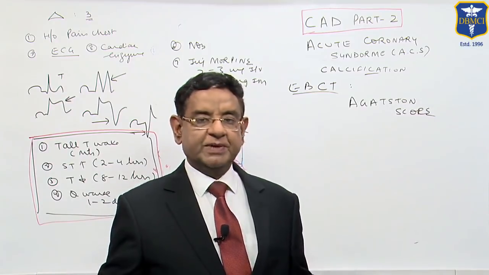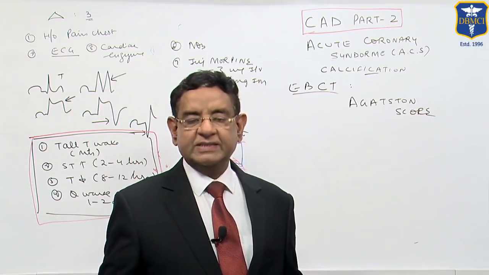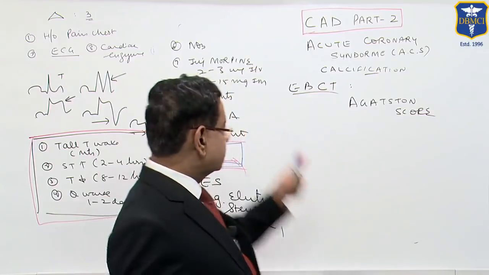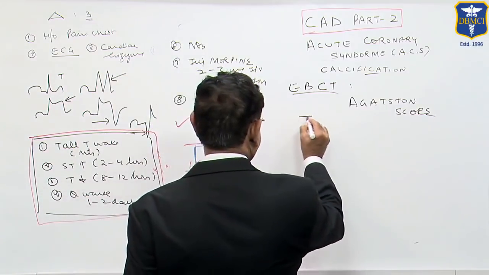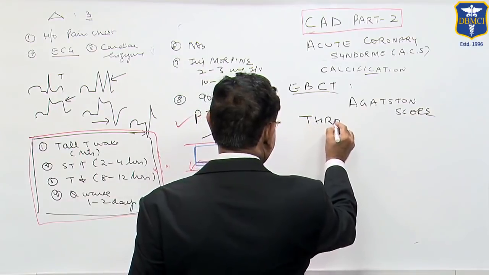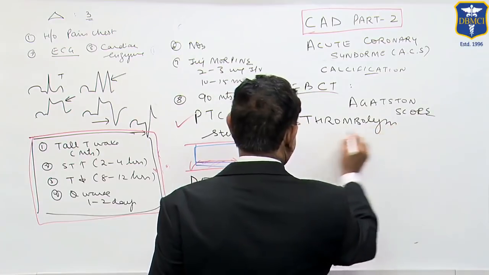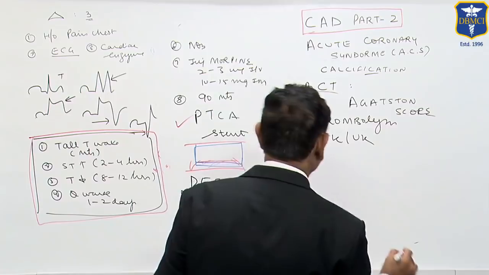But suppose the patient has come, or you don't have any facility in the medical center, or it is taking more time to reach this center, then you can use thrombolysis. Thrombolysis is done using streptokinase or urokinase.